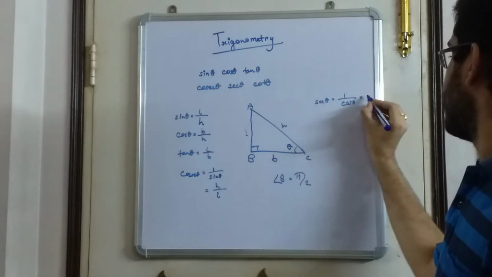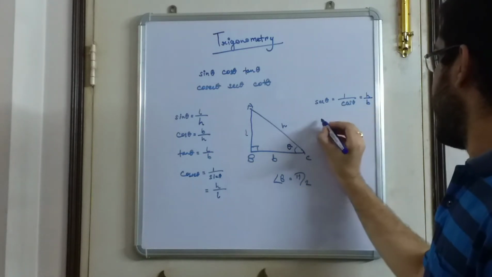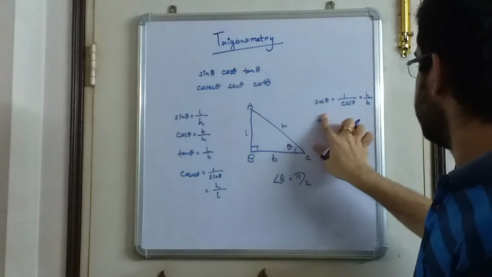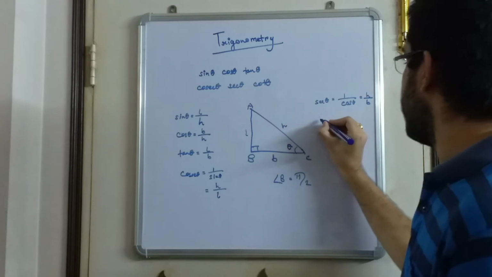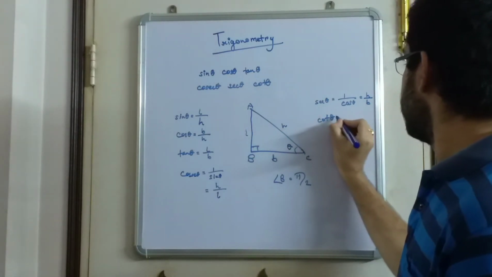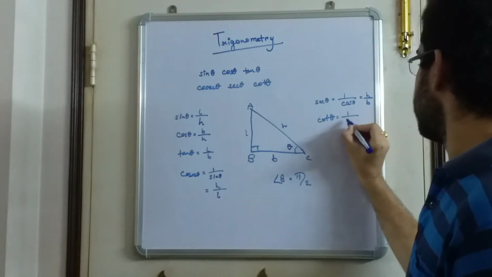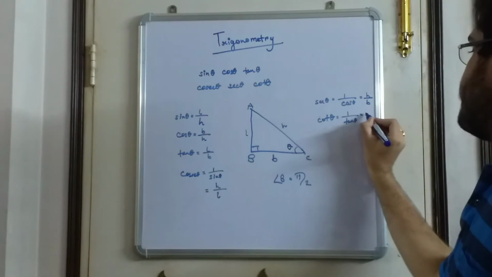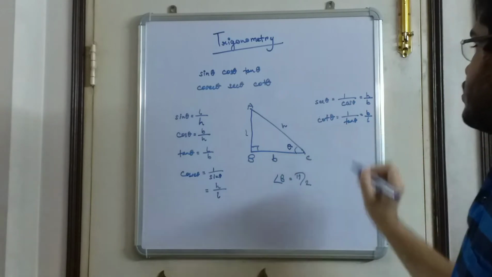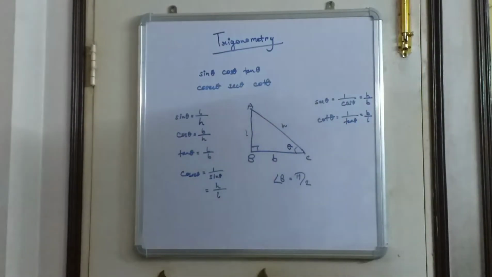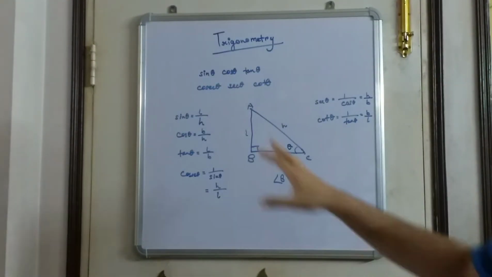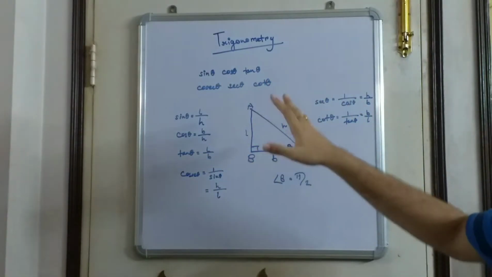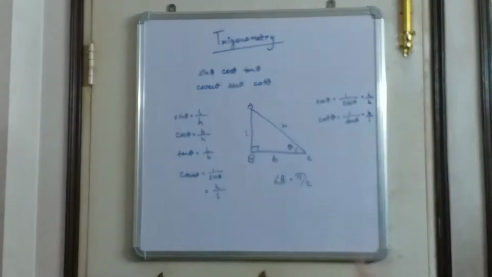So this is H by B. And cot theta, it is the reciprocal of tan theta. It is B by L. So I hope you have got the idea how these 6 trigonometric functions are defined on the basis of a right angle triangle.